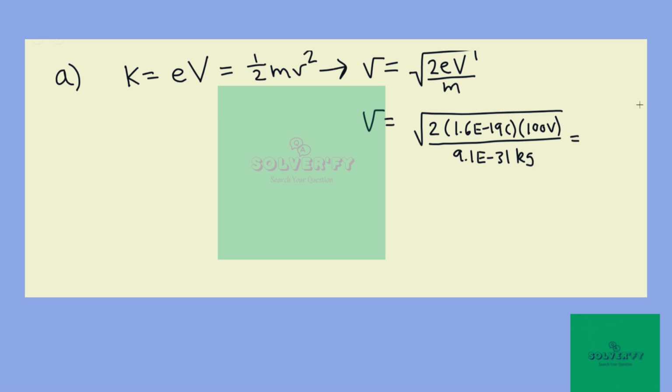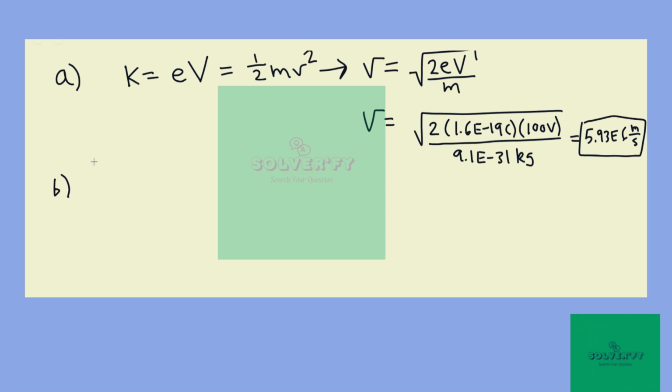And this will give us a velocity of 5.93 times 10 to the 6. So comparing this to the speed of light, which is 3 times 10 to the 8, you can see that this is a very, very small fraction of the speed of light. Thus, relativistic effects should not appear in an appreciable way, and so we can justify using non-relativistic expressions.